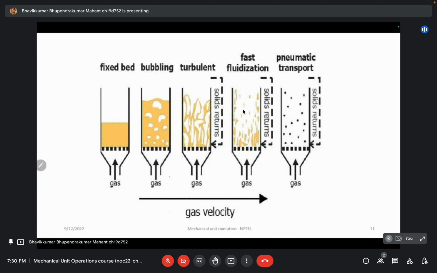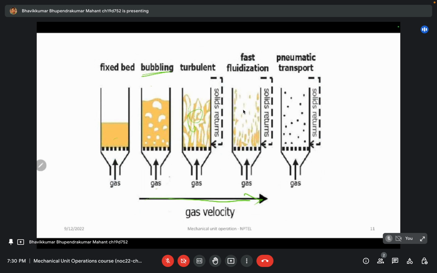Now the same kind of packed bed configuration is represented with gas velocity. At low gas velocity, a fixed bed is there. If we increase the gas velocity a little bit, there will be bubbling fluidization. Further increment converts it into turbulent. Here we talk about only gas.